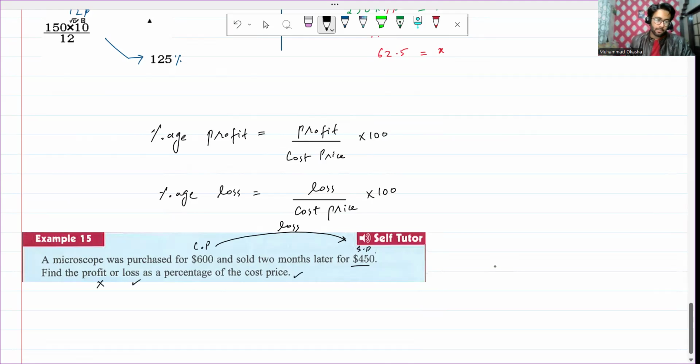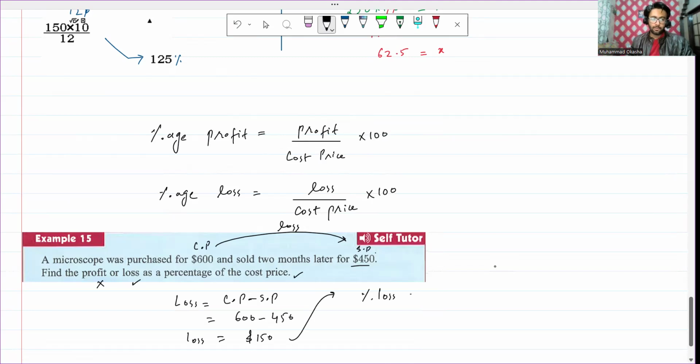So how much is the loss? Let me work out the loss first. Loss is cost price minus sale price. When you bought it for $600 and then you're selling it for $450, of course, you suffered a loss. And how much is that loss? You suffered a loss of $150. Okay. Now let's do loss percentage.